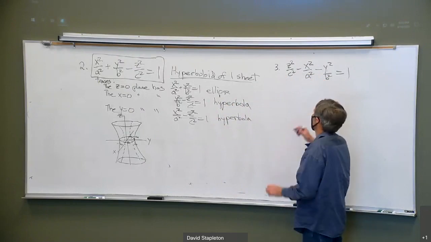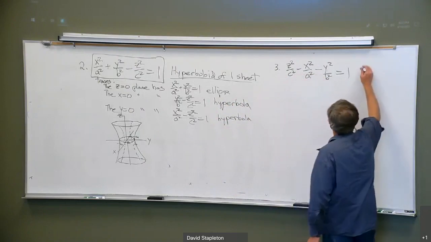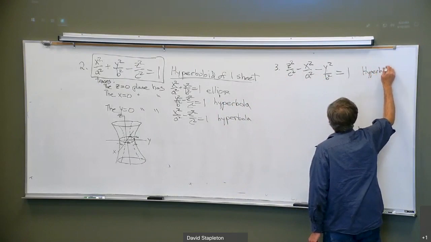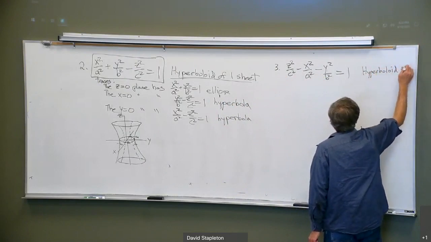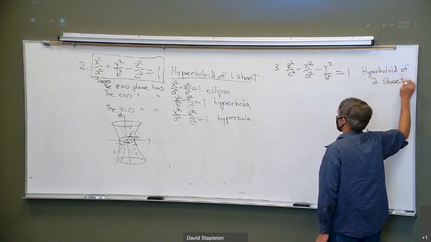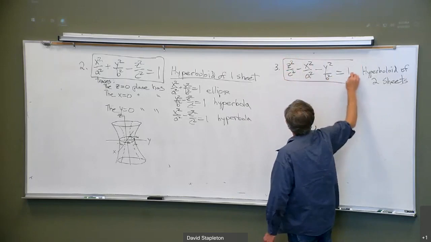Whenever in the ellipsoid equation you change two of the pluses to minuses, you'll get this figure that's called a hyperboloid of two sheets. We need to do some specific examples in a moment, but let's say here's equation 3.